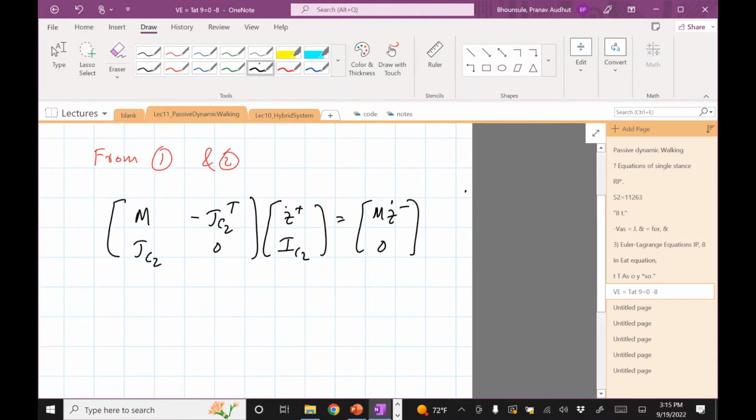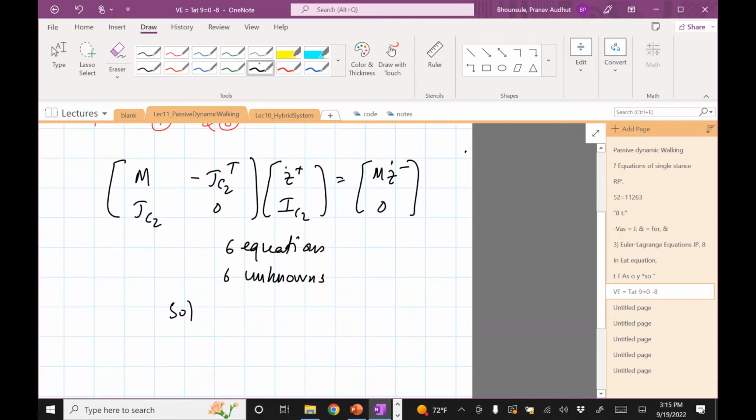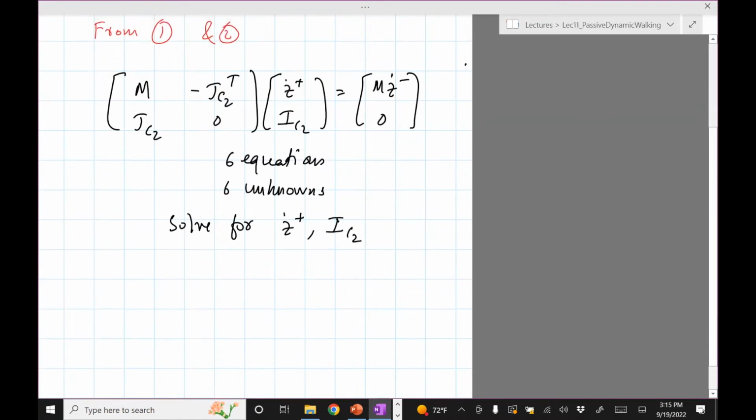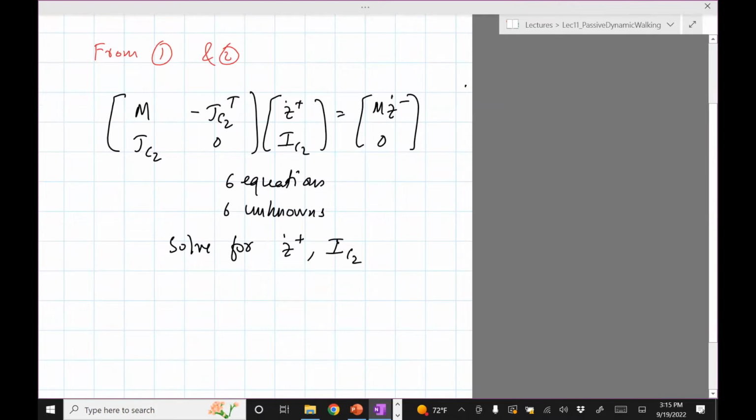So this is 6 equations, 6 unknowns. Okay. So we solve for z dot positive and Ic2. Okay, so those are the equations for foot strike. We want the velocities of all links after foot strike, and then we want the impulses. Actually, impulses we don't care about, but it turns out that we end up solving for it.